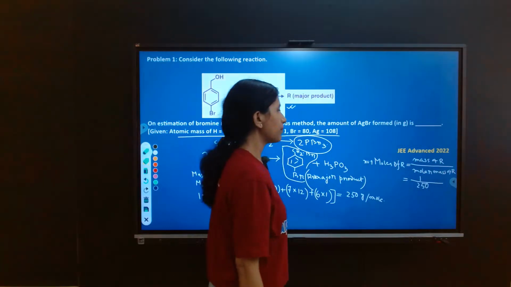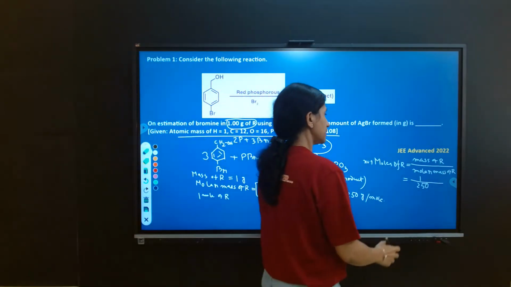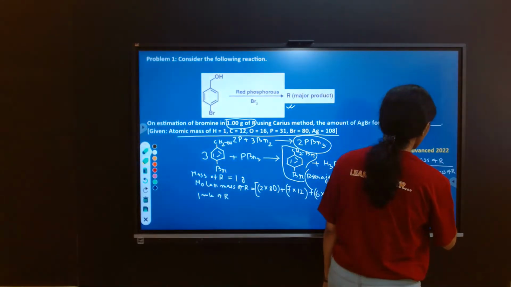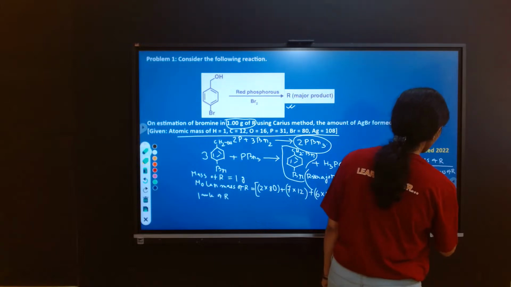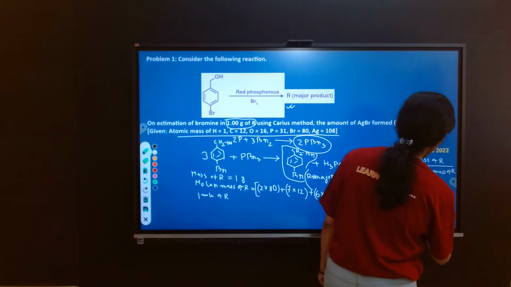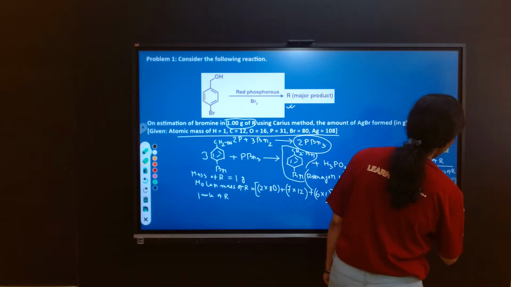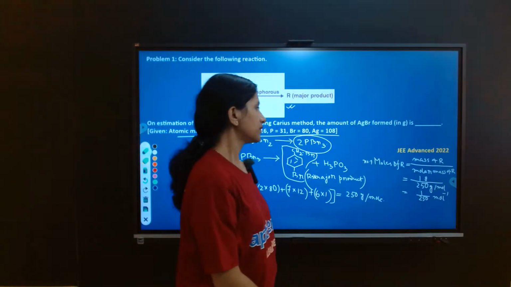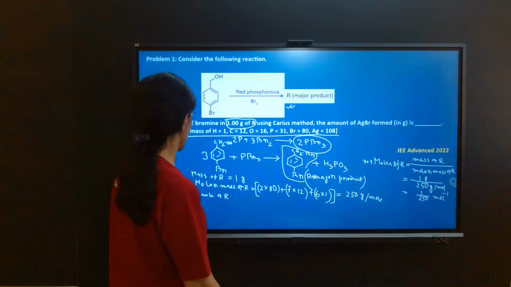So it is equal to 1 by 250 mole inverse. Right? This is the number of moles of R.